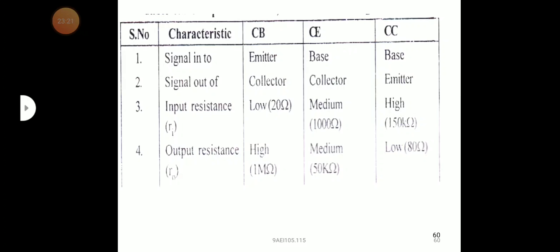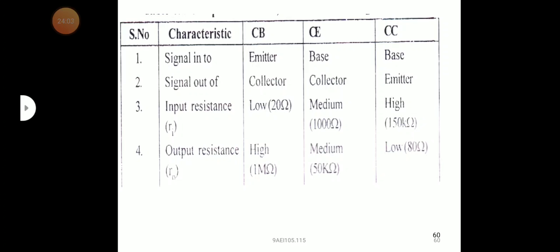In the common emitter, the emitter is common, so the base is the input side and the collector is the output side. In the common collector, the collector is common, so the input is the base and the output is the emitter.